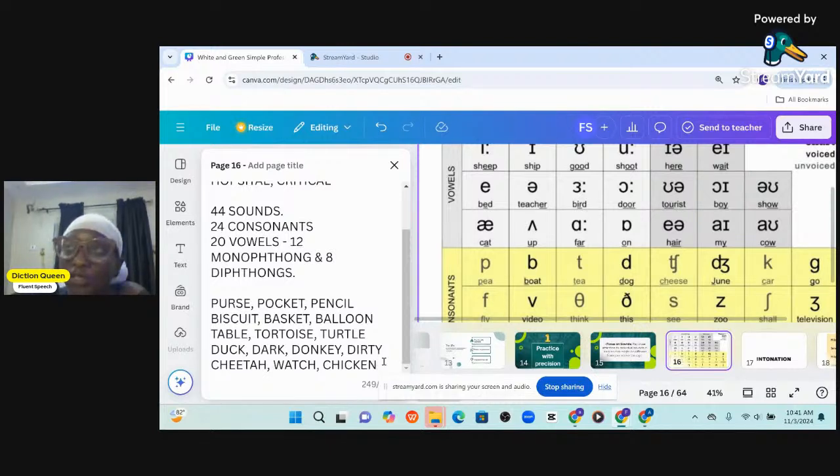Put your teeth together and release the sound slowly. For the SH sound, you release the sound slowly, sh. For the CH sound, you release the sound immediately, ch. So if you mix up the CH and the SH sound, it means that how you release it is the problem.